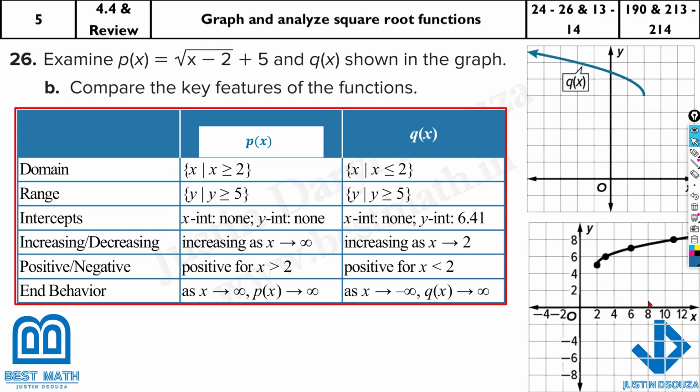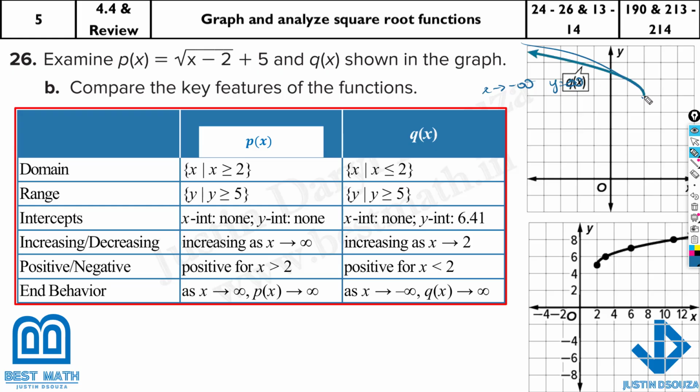And what about the end behaviors? See, here, there is nothing at the left side of the x-axis. So what you do is, it's going only towards the right. Just tell x as it goes to infinity, y is also going to infinity. But look here, it's going towards the left. So over here, as x goes towards minus infinity, y will go to infinity itself.